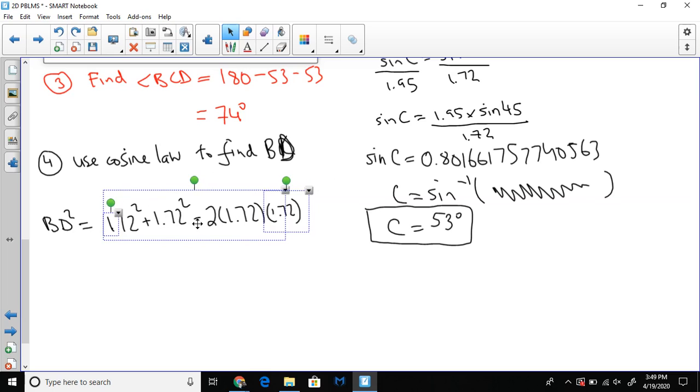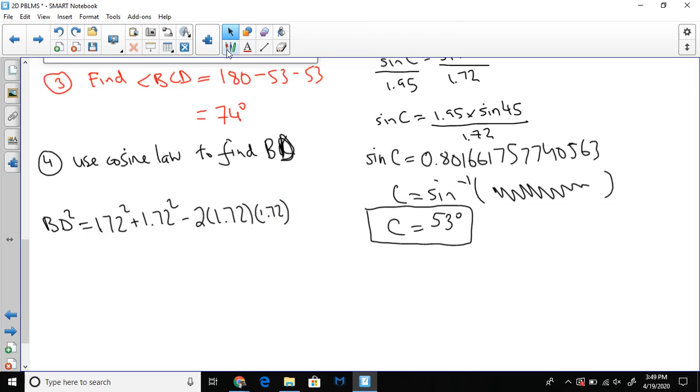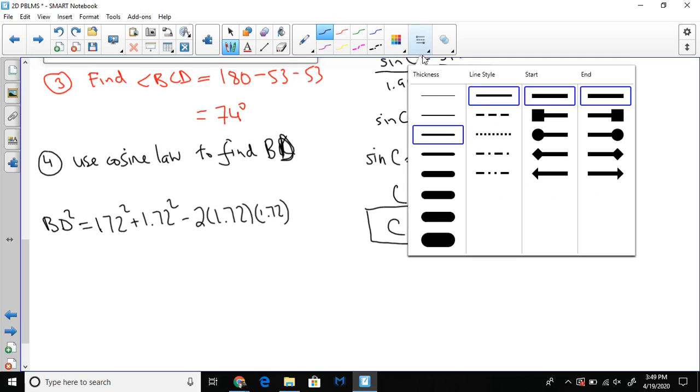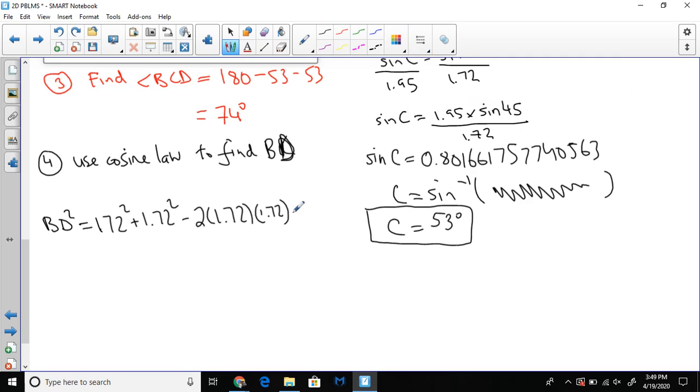times cos of 74. Let me just move that because I'm running out of space. So now we take out our calculator, figure out what's on the right side.